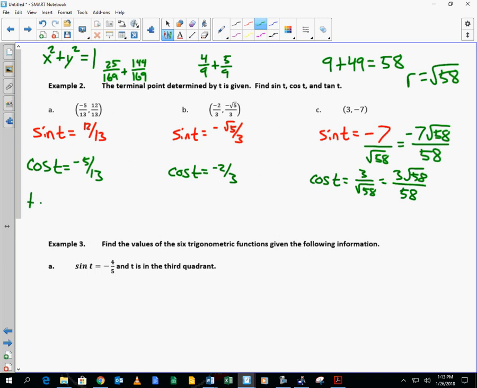Do tangent. How do I do tangent? Y over x, so 12 thirteenths divided by -5 thirteenths. What do I do? Multiply by the reciprocal, and you get -12 fifths.